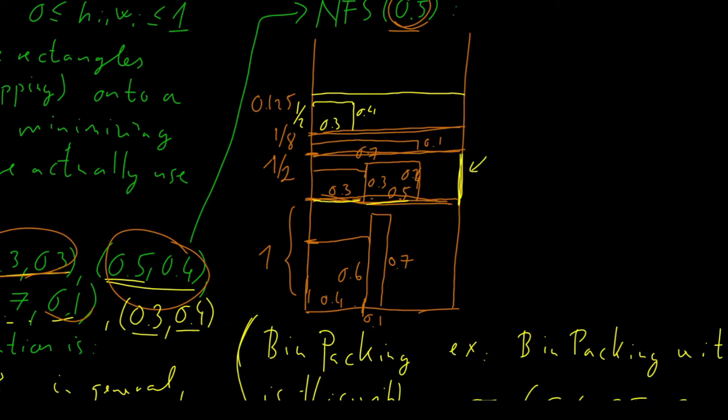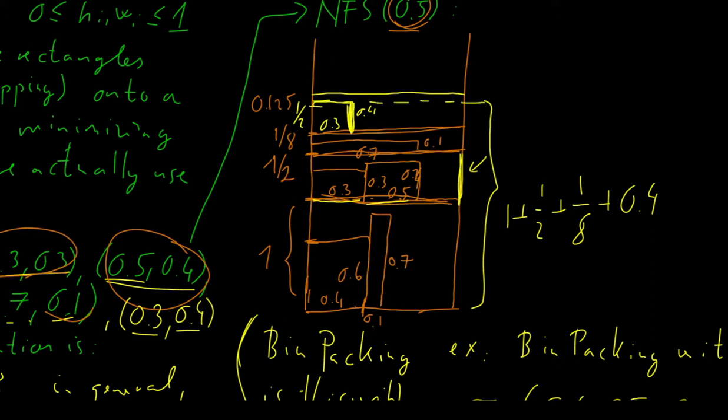Now in this case the total height which we used is 1 plus 1/2 plus 1 over 8, and for this last one we were just using 0.4 instead of 1/2 because it will be the height of the box having the largest height on the topmost shelf.